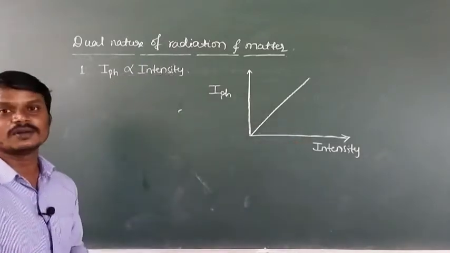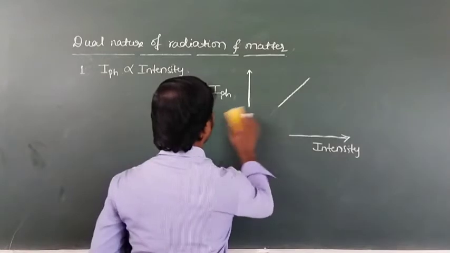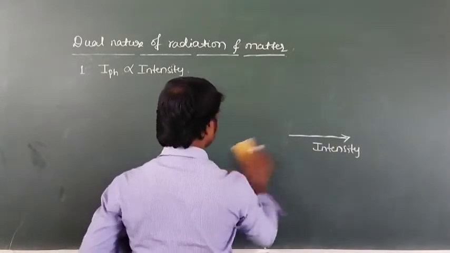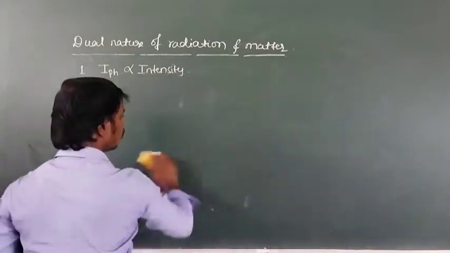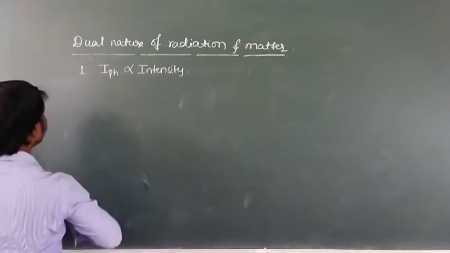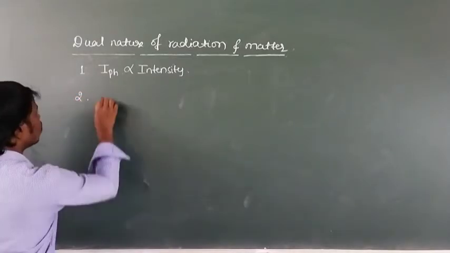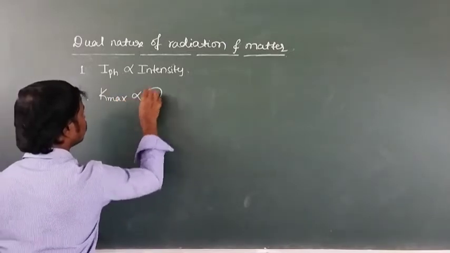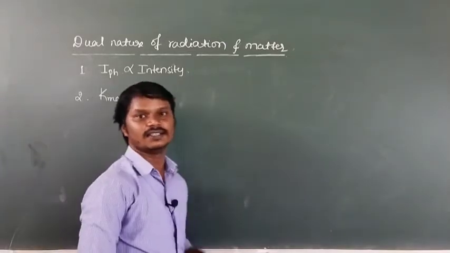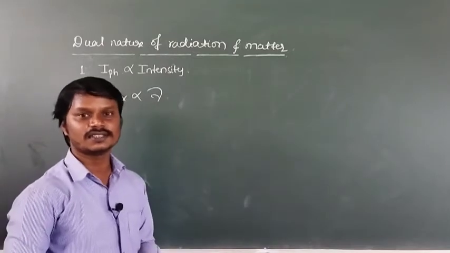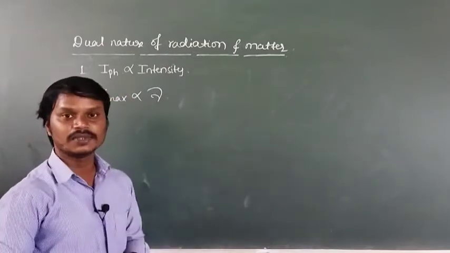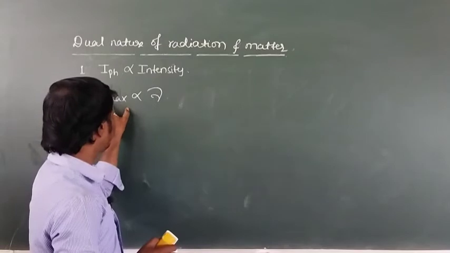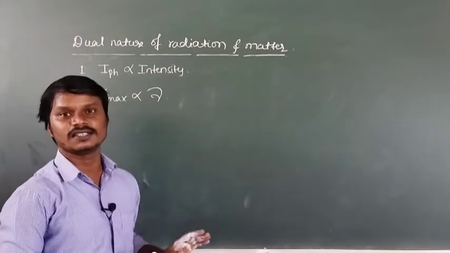Then what is the second law of photoelectric effect? The kinetic energy of photoelectrons is directly proportional to the frequency of incident radiation. And one thing to remember, the kinetic energy of photoelectrons is independent of intensity.